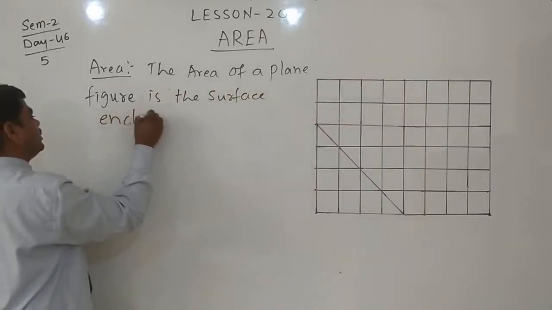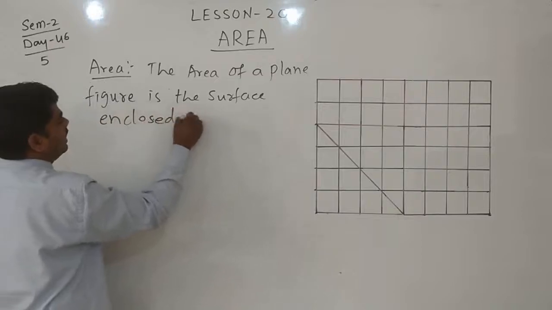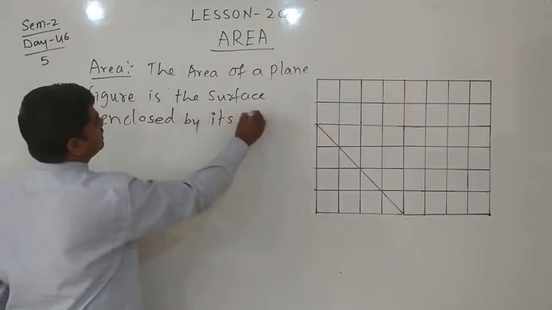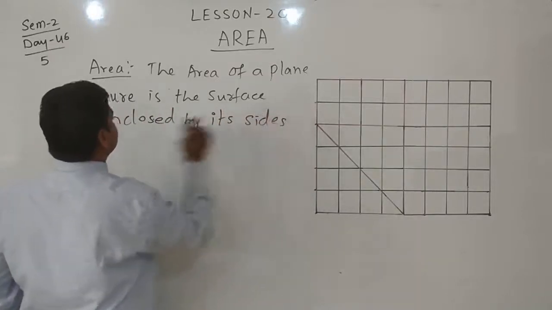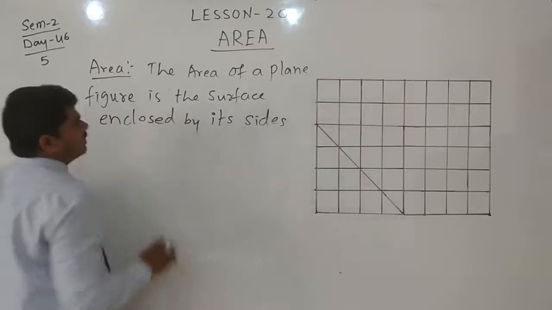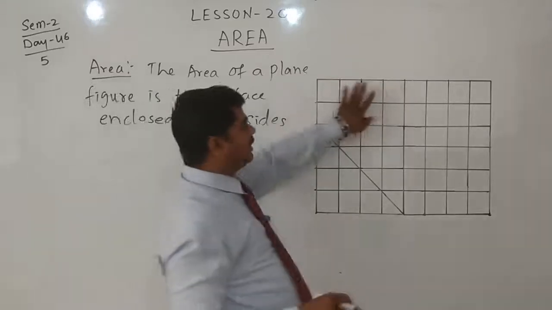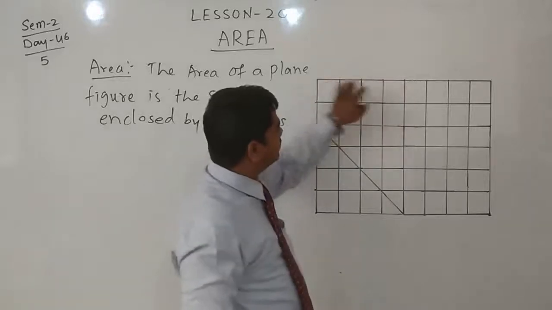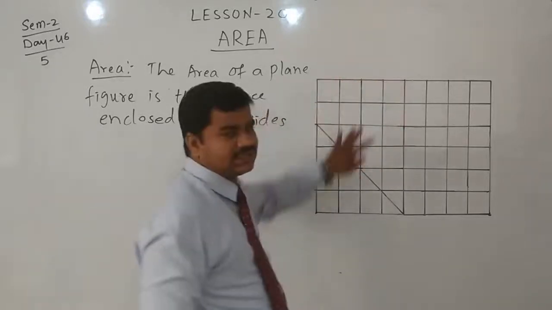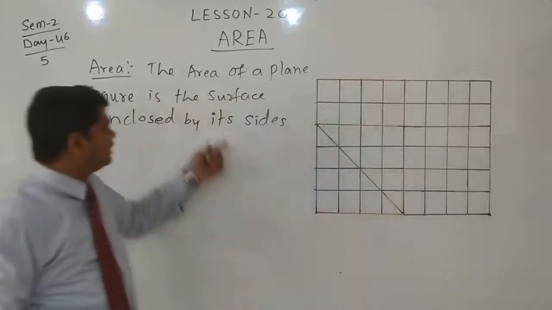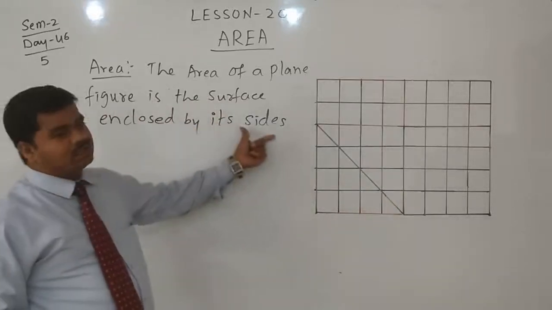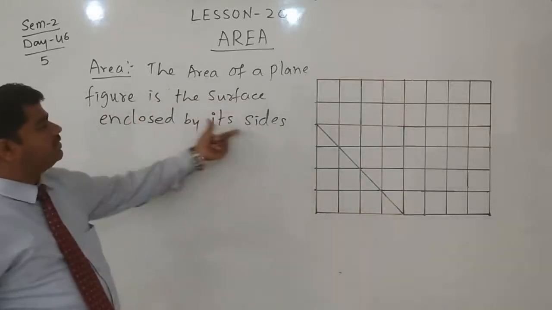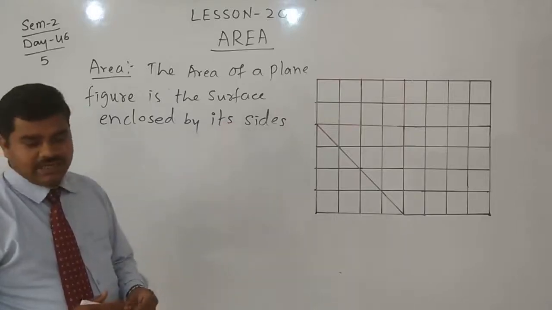Enclosed means closed surface, enclosed by its sides. Here there is a surface. This is a plane figure. This area is enclosed by these sides: 1 side, 2, 3, 4 sides. Inside this, its enclosed surface is called its area.